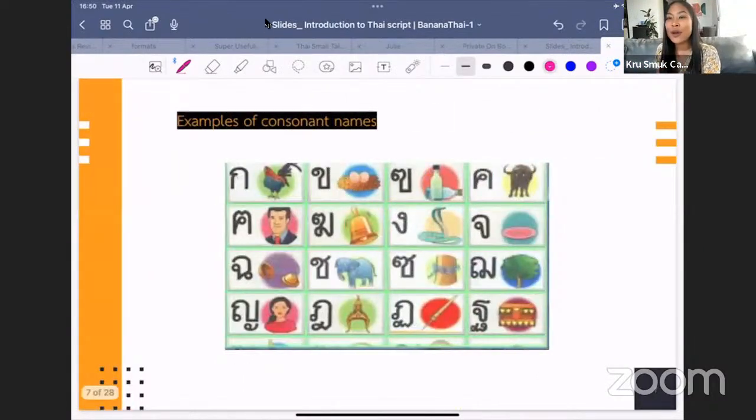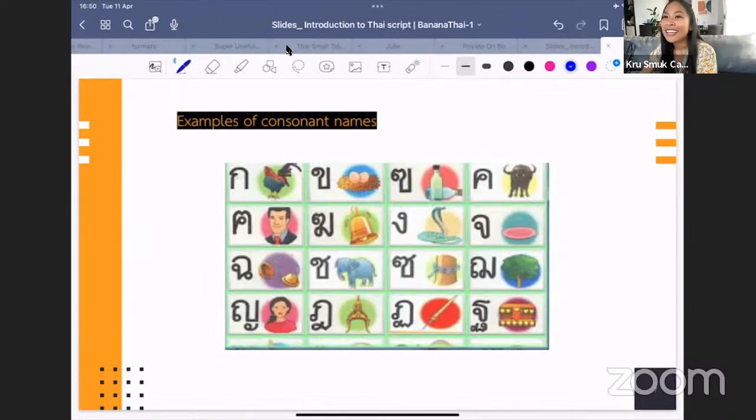In case you have any questions, please note them down, we're going to have a Q&A session at the end. Okay, all right. This is an example you see of the consonant names. As you can see, กอไก่, this is an example word. I put in a picture that looks really old to show you why.